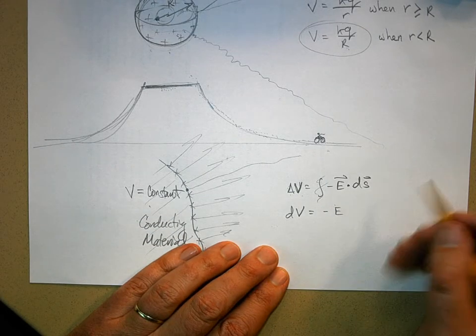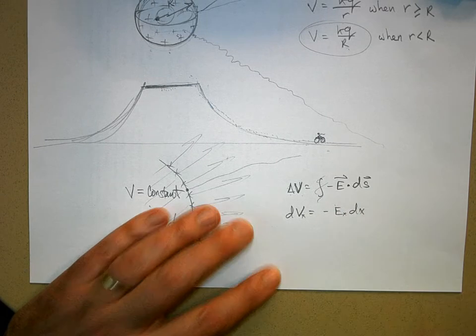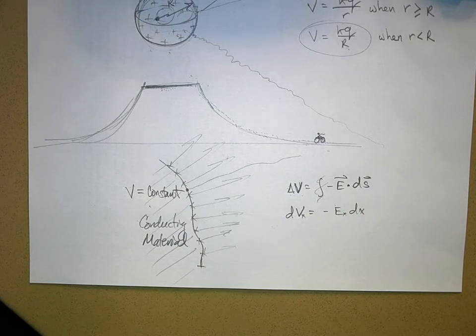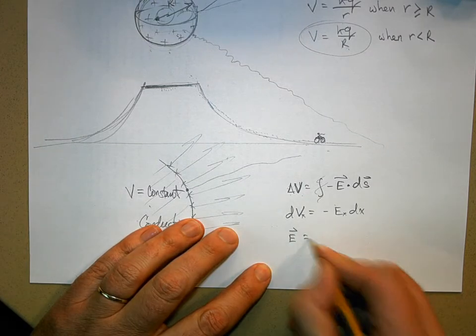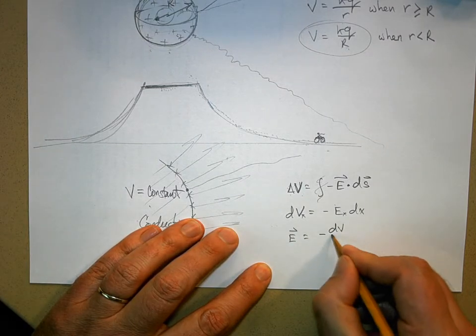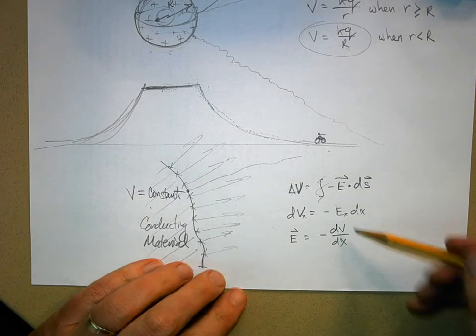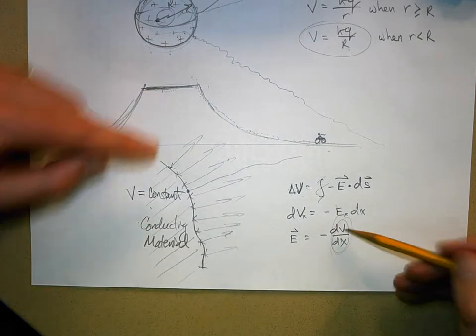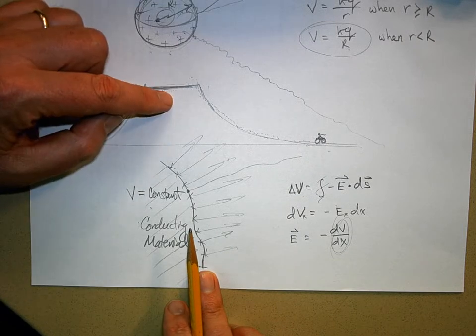Now, here's what I'm going to do. I'm going to make this all in the x direction because I really don't want to deal with partial derivatives and gradients yet. Then I say, well, E is equal to negative dV dx. What is this? If I look up here, this is a slope, right?